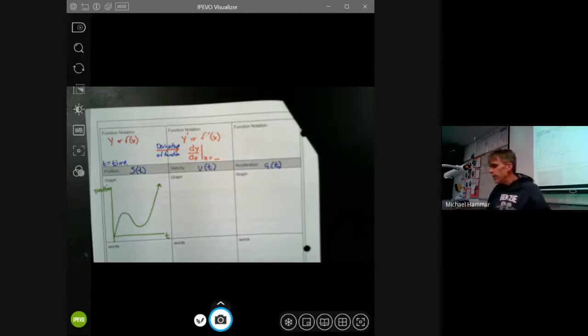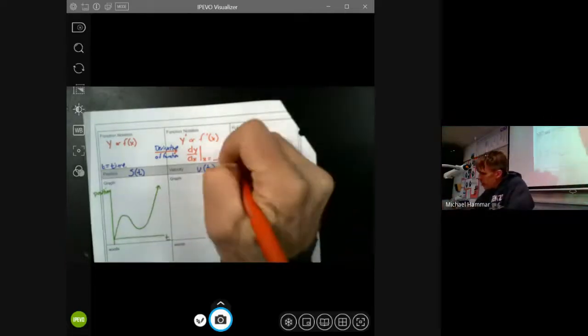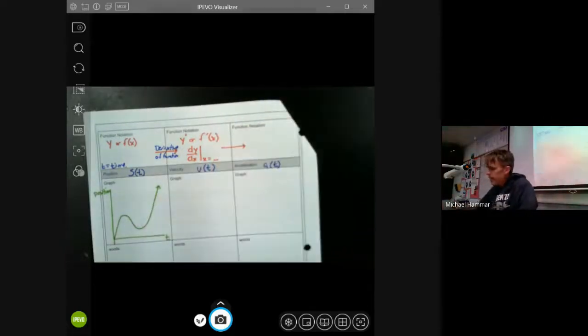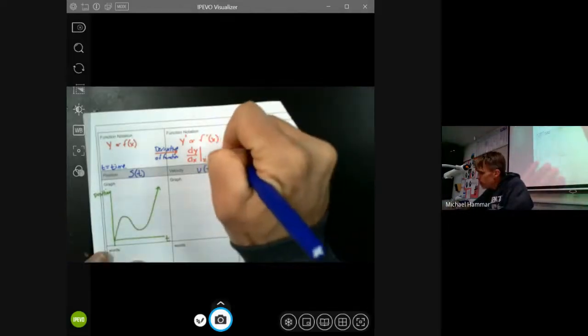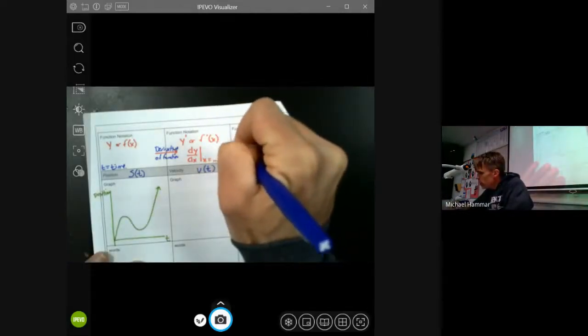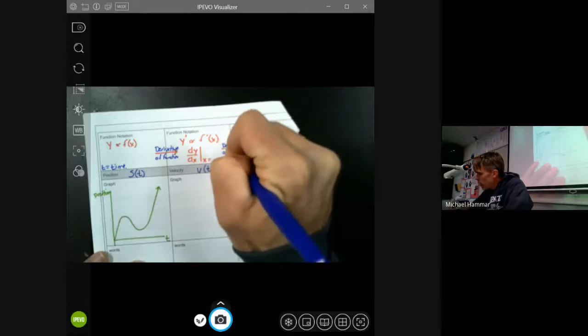Now, there is a connection between velocity and acceleration, and that connection is that it is the derivative of velocity.